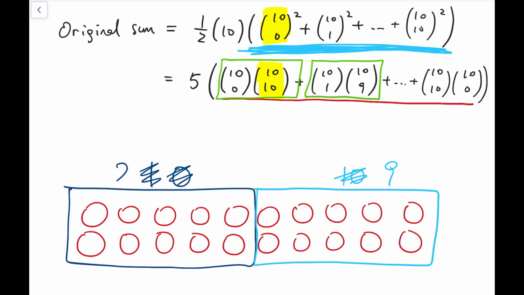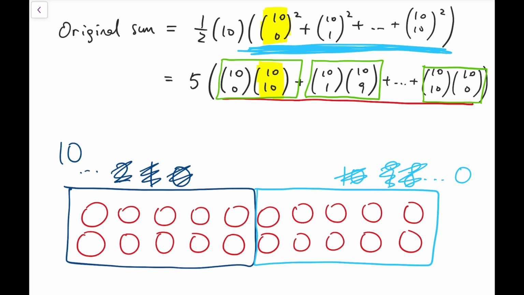I can repeat this, not 1, but 2, not 9, but 8, and so on. And at last, the last way to do this is to choose all 10 objects from the dark blue group, while I'm not choosing anything from the light blue group. And the number of ways to do that will be 10 choose 10 times 10 choose 0.